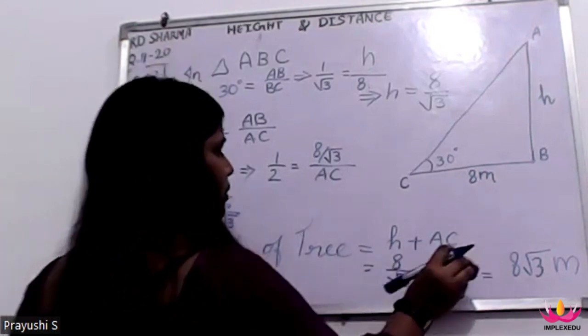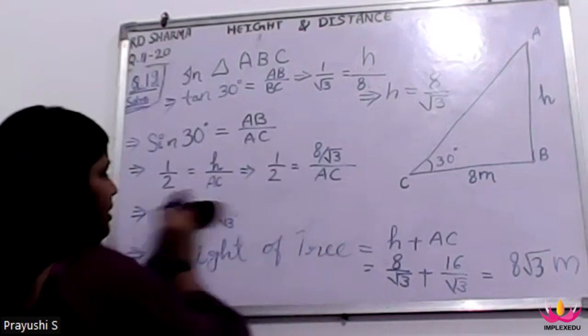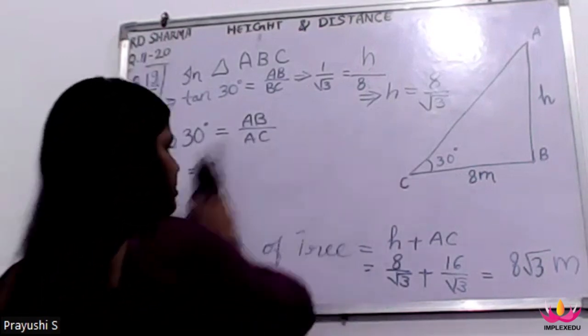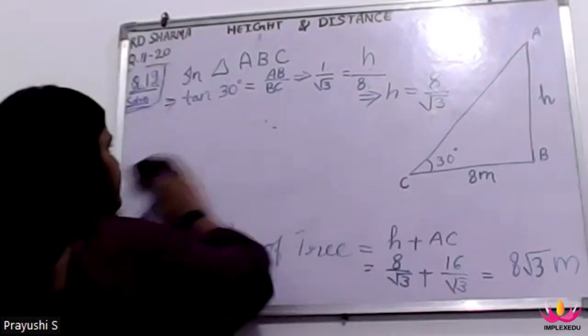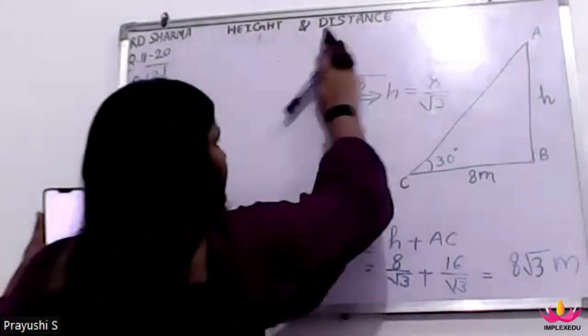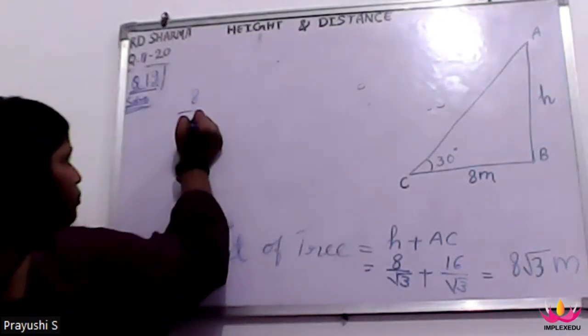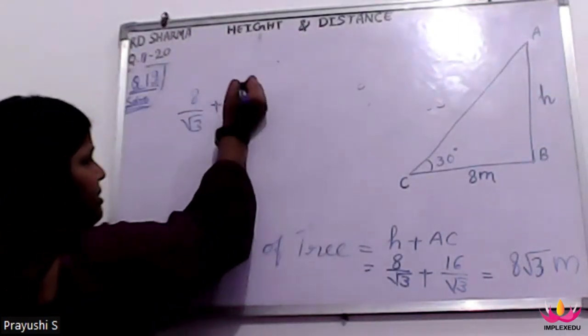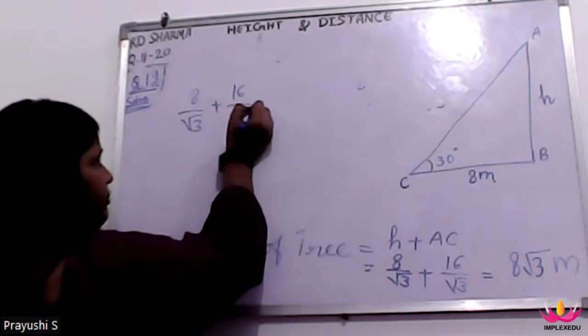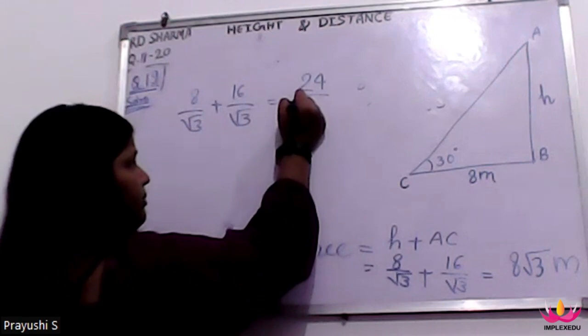So let me tell you how we get from this to this. 8 upon root 3 plus 16 upon root 3 will become 24 upon root 3, correct?